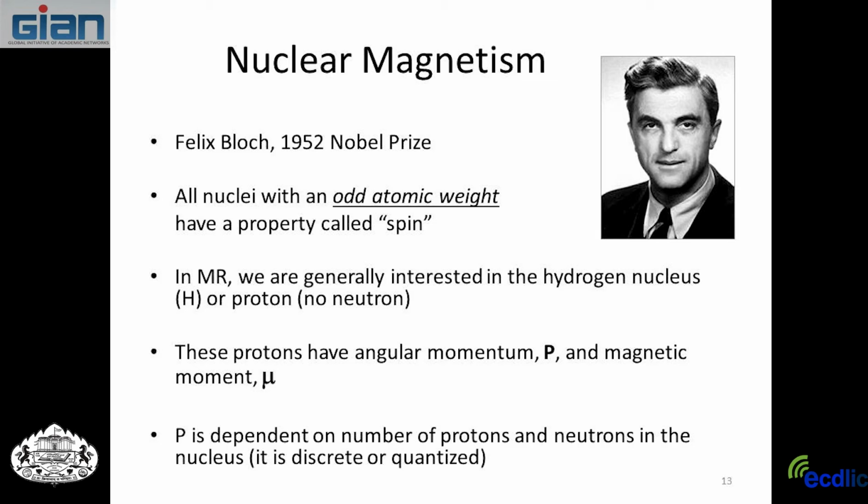And in MR, we're generally interested in the hydrogen nucleus, or a proton. So we're looking at hydrogen atoms with a positive charge. These protons have an angular momentum and a magnetic moment. And P is dependent on the number of protons and neutrons in the nucleus, P being the angular momentum.